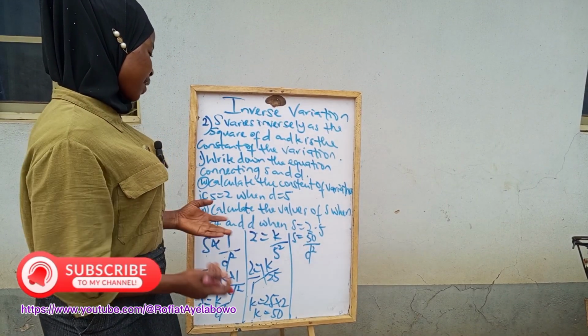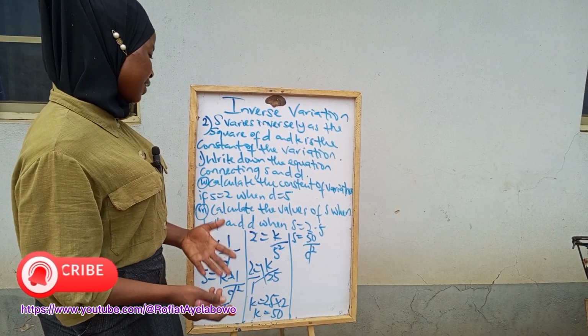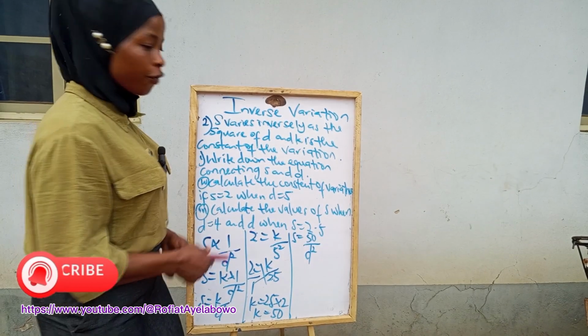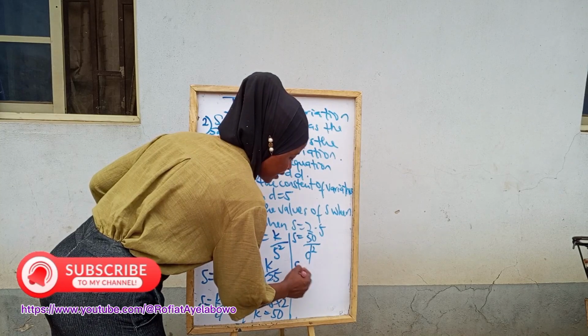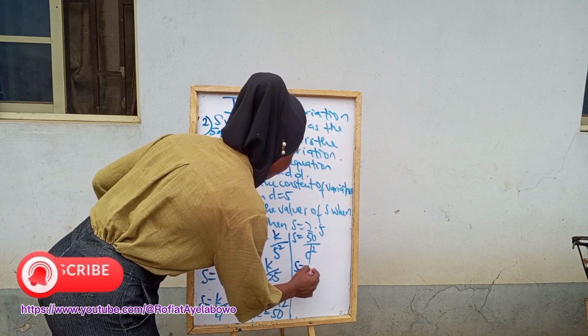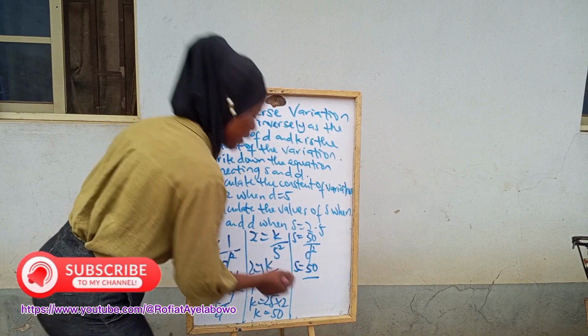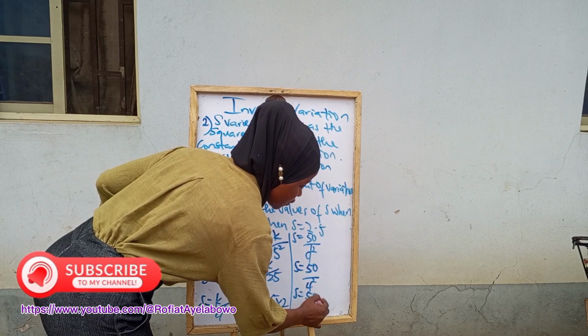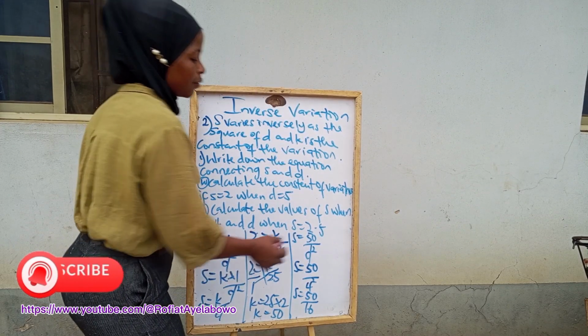Let's proceed. Number 3, calculate the value of s when d is equals to 4. We have s is equals to 50 over 4 square. S is equals to 50 over 16.